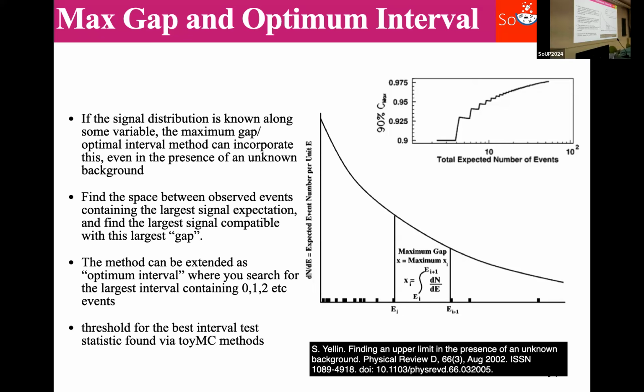But you're taking into account the fact that if this was all signal, then you would have had a certain trial factor, right? If this were all signal, there would have been a probability for this gap to be this big. Say this thing normalizes to 10 signal events or something, and this says, oh, I expected 4 of them in this gap and I saw 0. And there has to be a probability, right? Even if all of them were signal, there has to be a probability that the largest gap between 2 of those signal events was an expectation of 4.